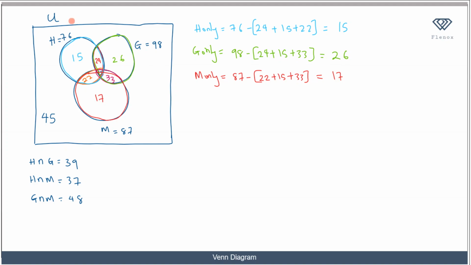So now I know that the universal set is made up of the sum of all these numbers within here plus the number of students that didn't take any subject.